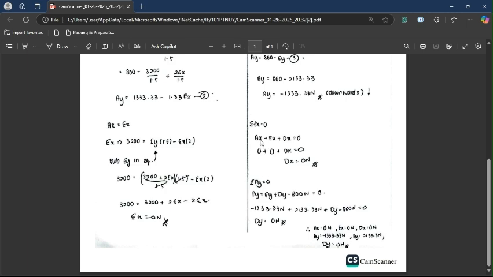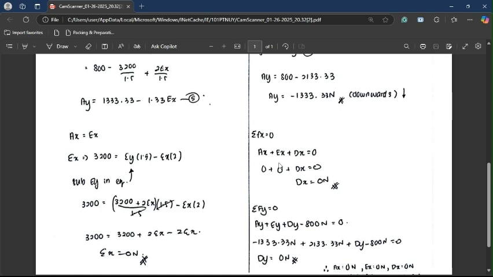Simply by subbing Ax equals 0 and Ex equals 0, we can get Dx is also 0. How do we reconfirm it? As we all know, the sum of all horizontal forces is equal to 0. If you add Ax, Ex, and Dx, we will get 0 Newton.